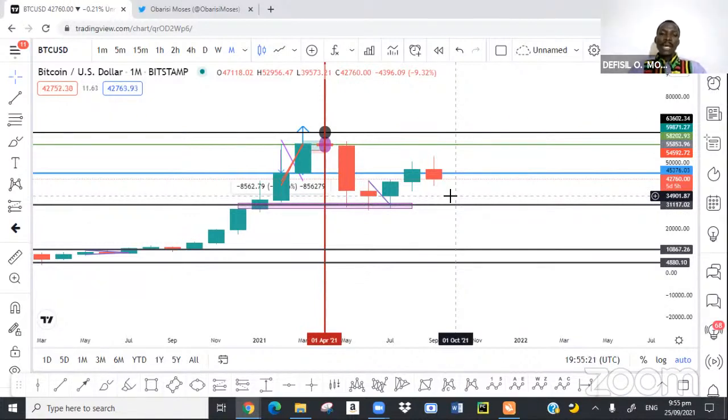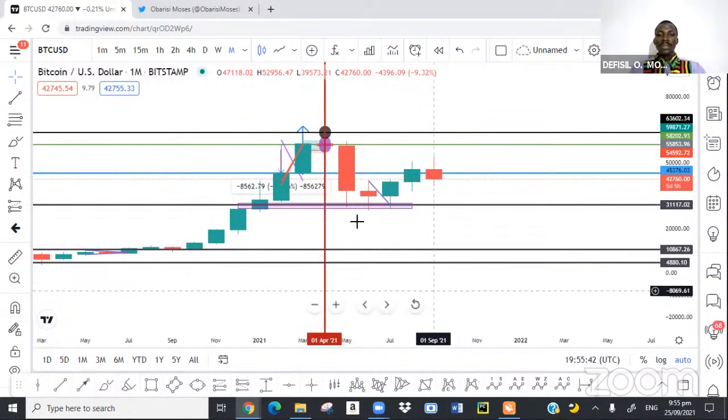Now you recall that China just did the release, and whatever statement on cryptocurrency has a direct effect on this market.